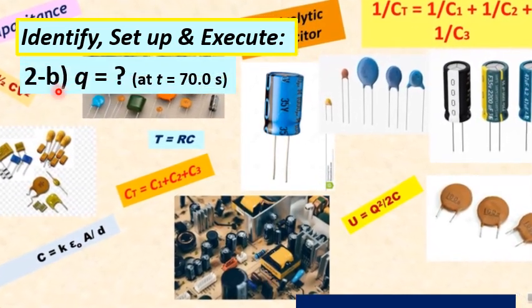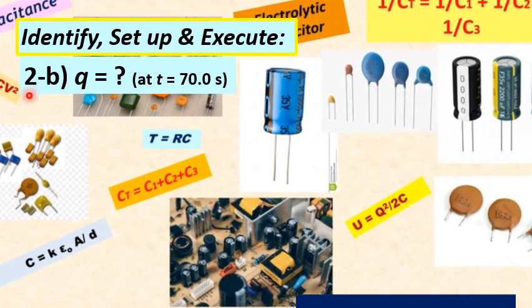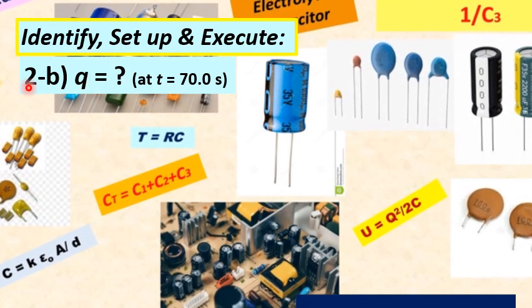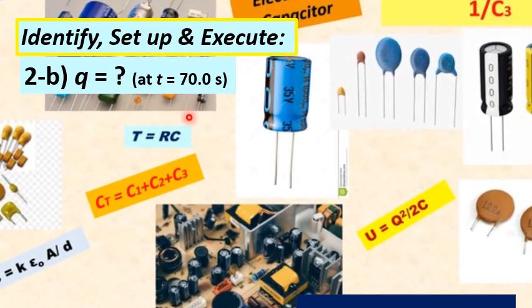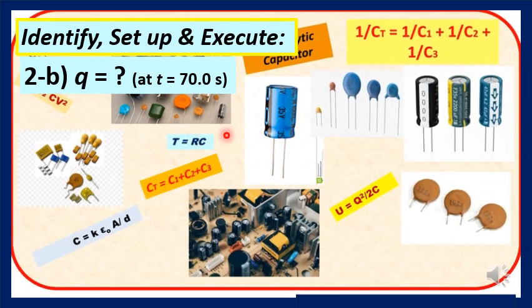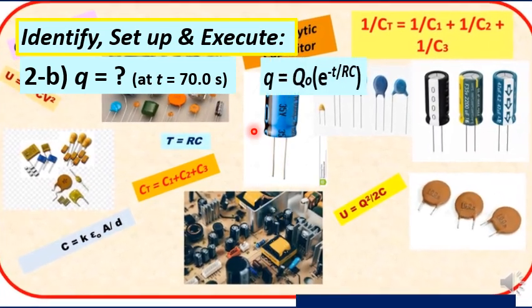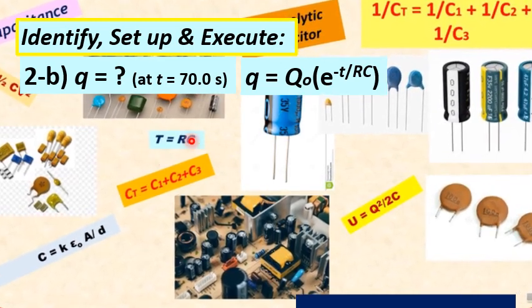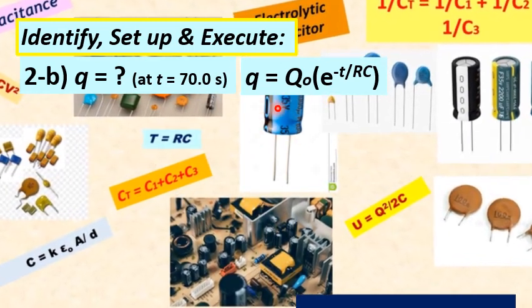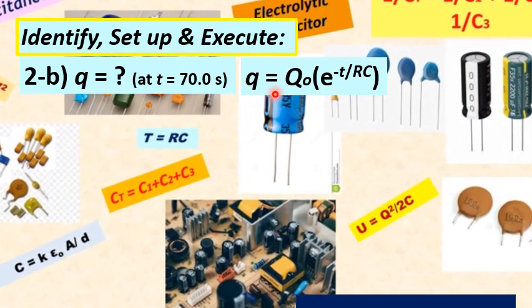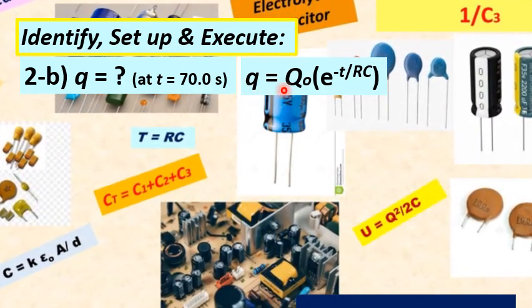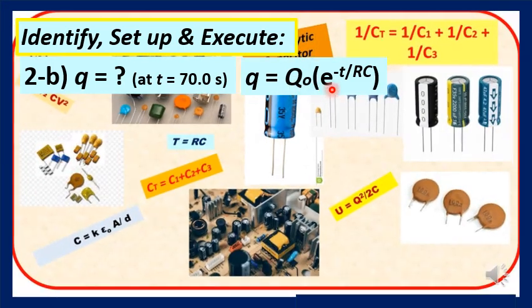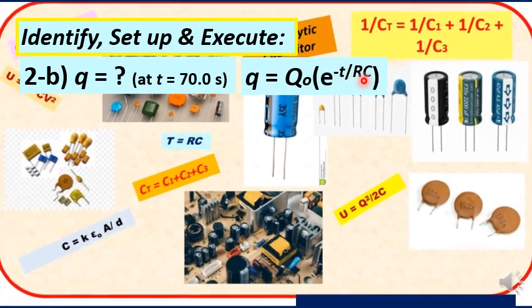For question letter B, the charge small letter q on the capacitor 70.0 seconds after you close the switch in the second circuit. So the working formula for finding this charge, small letter q, is just small q equals big Q naught multiplied by Euler's number raised to the power negative t over RC.